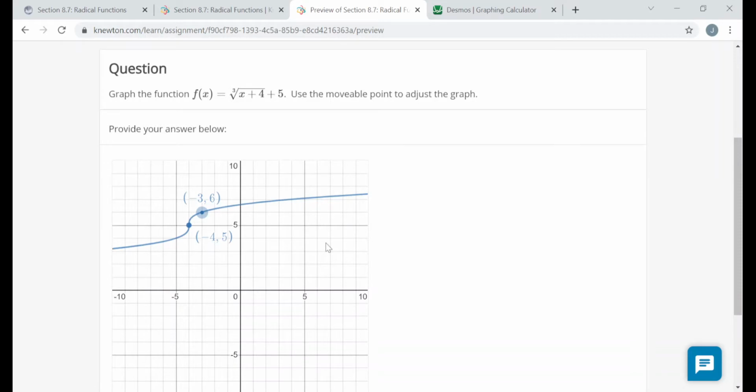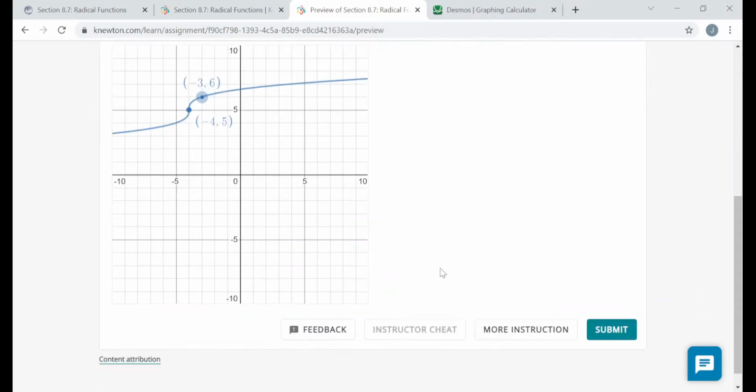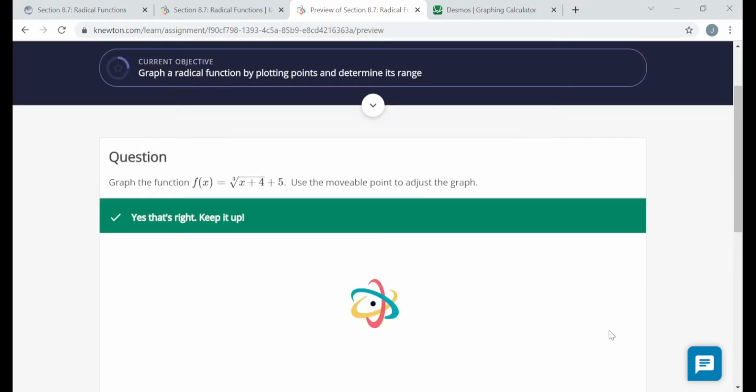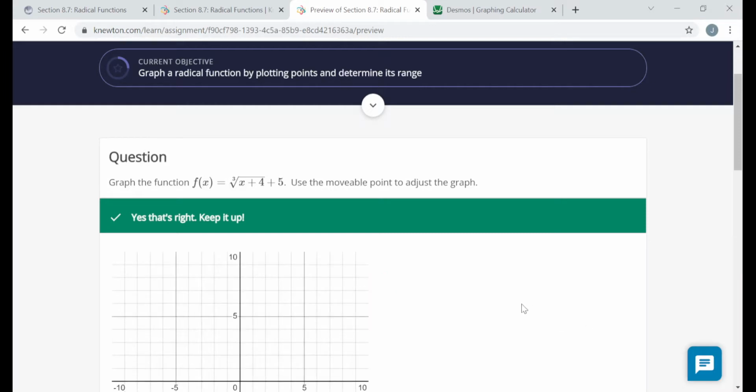All you have to do is find one other point that's on the graph. That's all you're doing with the movable point. They gave us one point. You're just moving one other point to another point that would be on this graph, and it fills in the rest of that cube root curve, and that is all you're doing. So this is pretty simple. Just moving one point to a point on the curve.